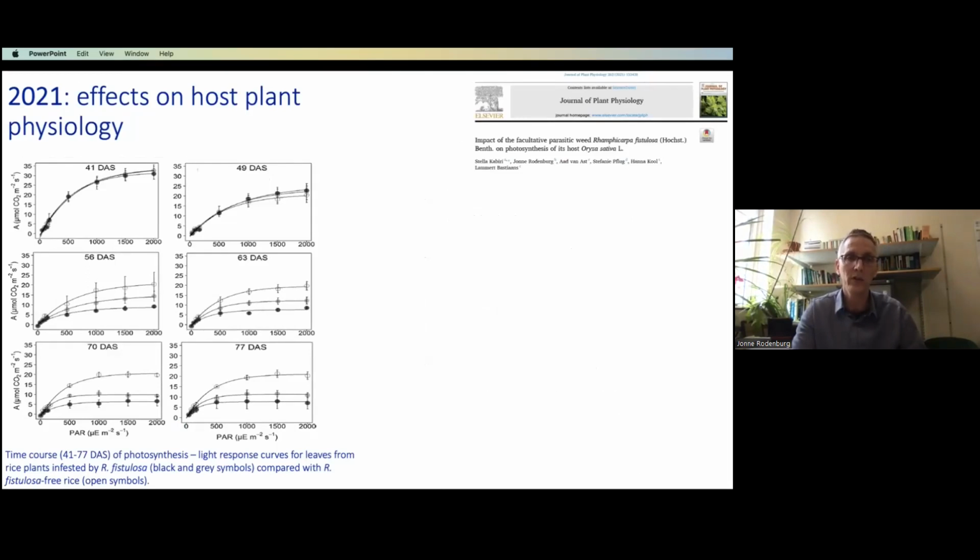This shows a time course of the photosynthesis light response curves for infected plants compared to Rhamphicarpa-free plants. The Rhamphicarpa-free plants are those with the open symbols, and the infected plants are those with the gray or black symbols. At 41 days and at 49 days after sowing, there are no significant effects yet. Gradually over time, the effects become more and more important.